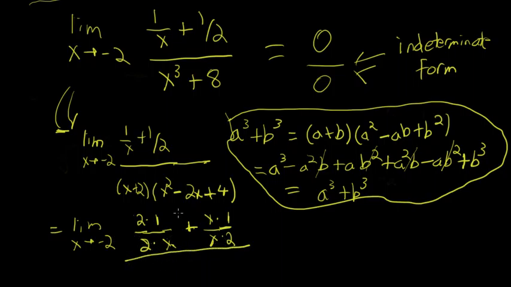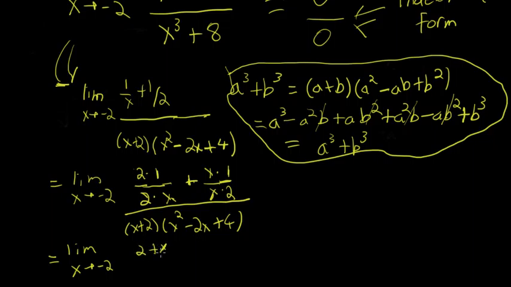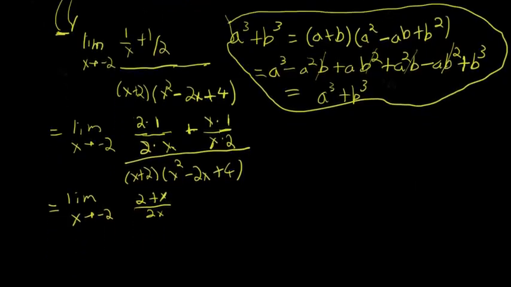And in the denominator of the complex fraction, we still have x plus 2 times x squared minus 2x plus 4. Okay, so this can be simplified to the limit as x approaches -2 of 2 plus x divided by 2x. That's the numerator. In the denominator we have x plus 2 times x squared minus 2x plus 4.